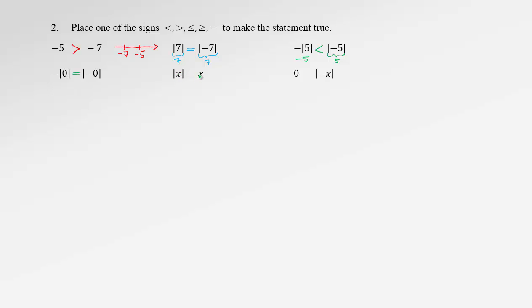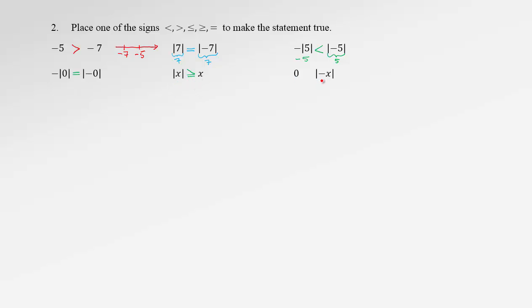So in case of positive x's, we'll have equal sign. However, if x is negative, then the absolute value of it is always positive, but the x originally was negative. So in this situation, the right-hand side is smaller than the left-hand side. Therefore, we should use this sign. The absolute value of x is bigger or equal x.